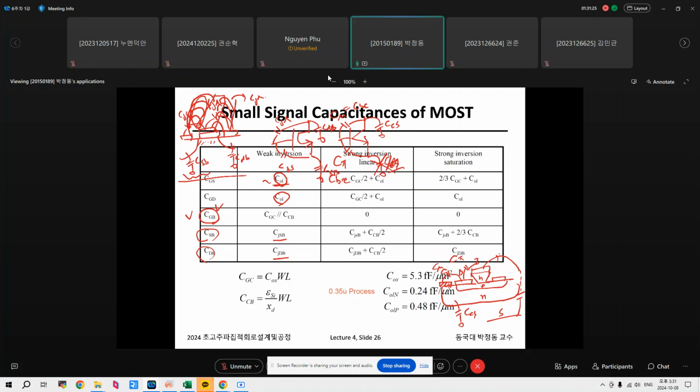We neglect it. If there happens a strong inversion over here, this C oxide is clearly seen. So this capacitor is just COX W L. Because this is symmetric for source and drain, CGD becomes this divided by half.